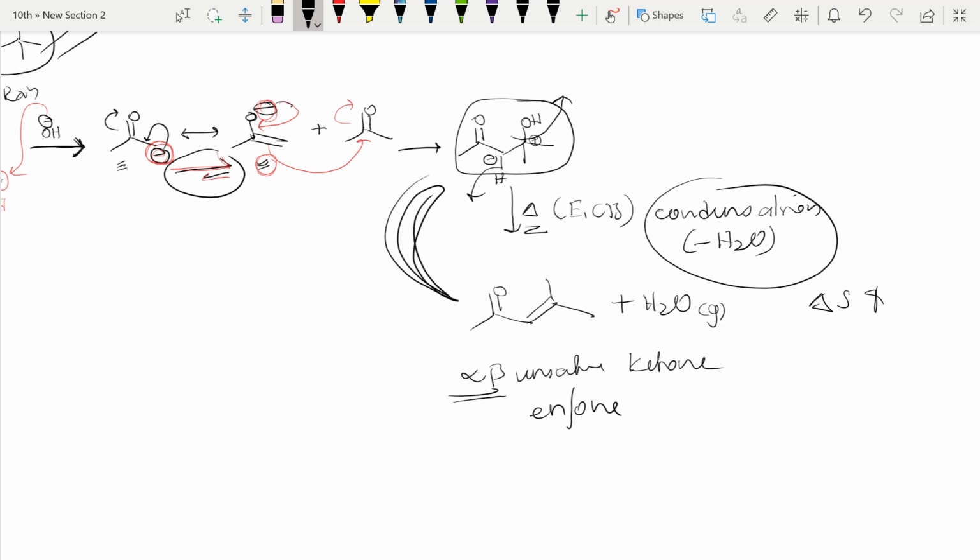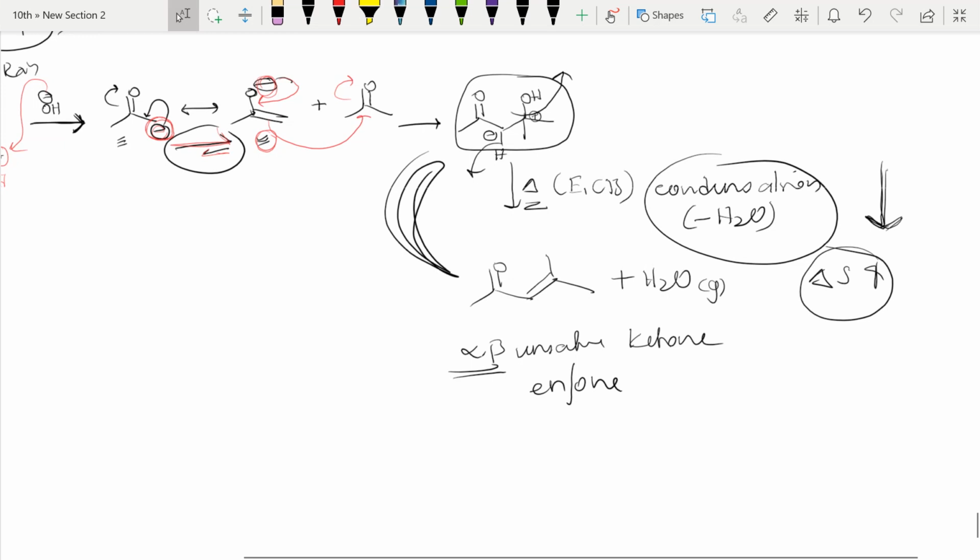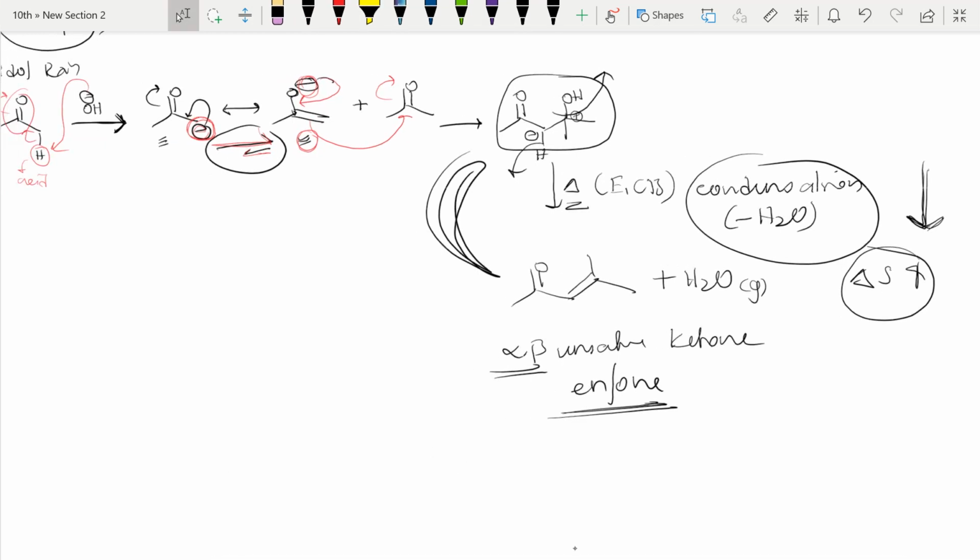So this forward reaction happens, and the reason for this reaction to occur is this entropy. Because the water is eliminated in gas form, entropy increases. So we will get this alpha beta unsaturated ketone easily, and this compound is very stable compared to the above one, right? So this is how this reaction happens.